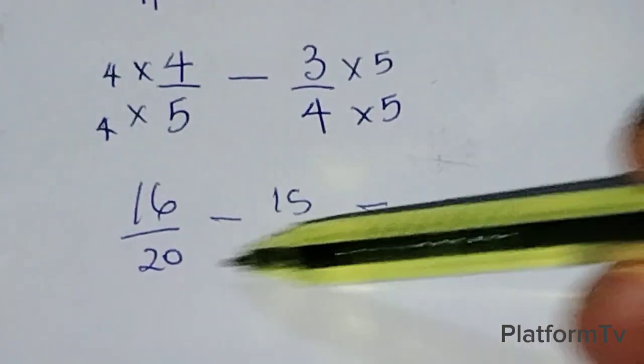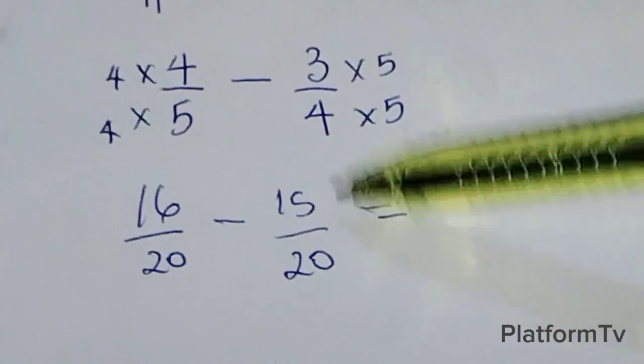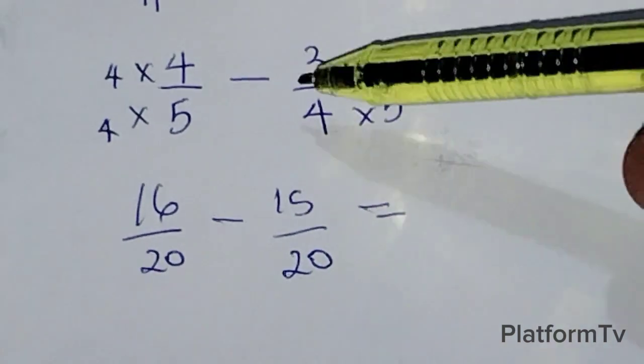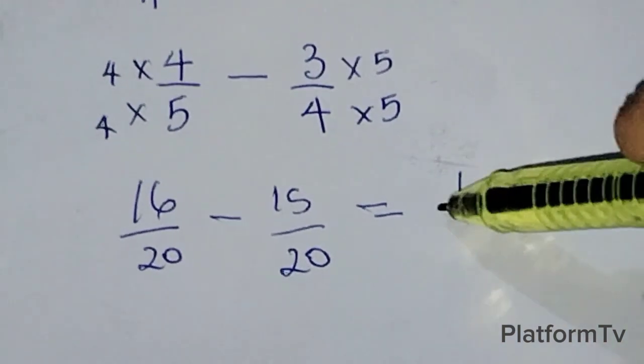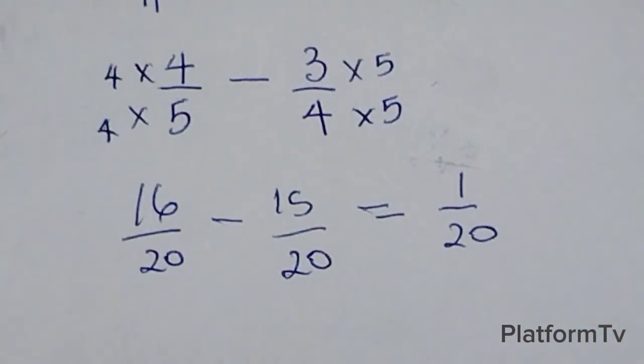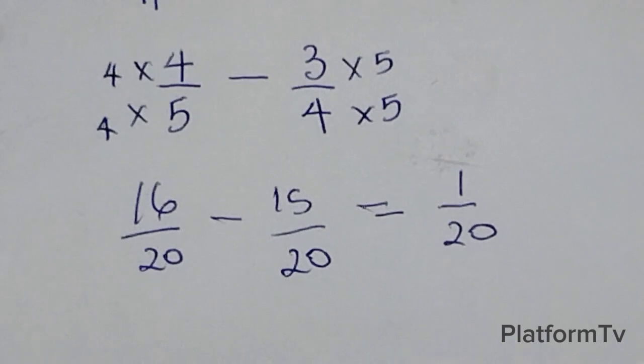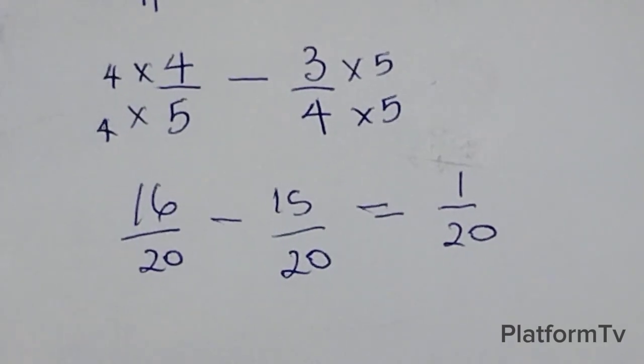Because they have the same denominators, now I can subtract directly like in the first fraction. So I have 1 over 20 as my final answer. This is just the first method. Let's go to the second method.